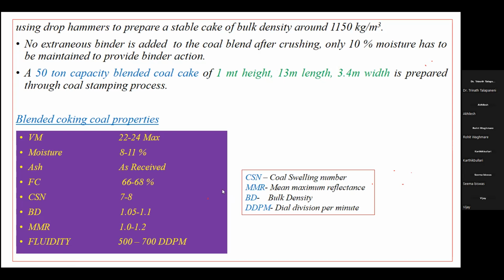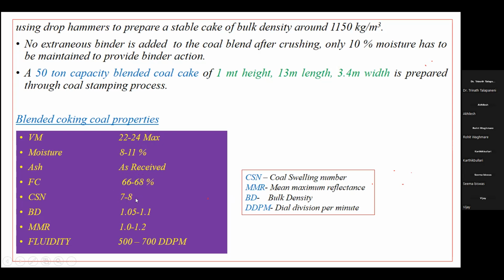So please focus on this particular table. Again, we will discuss this in the further classes. We need to focus on these properties. These are the properties of your coal cake before you subject it to the coke ovens. It has volatile matter of 20 to 24 maximum, moisture content around 8 to 11%, ash content as received, and fixed carbon 66 to 68%.